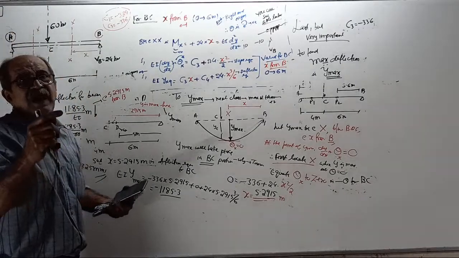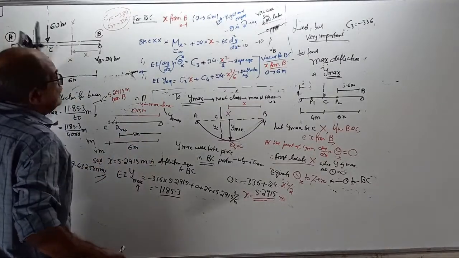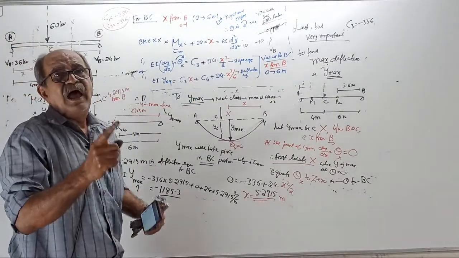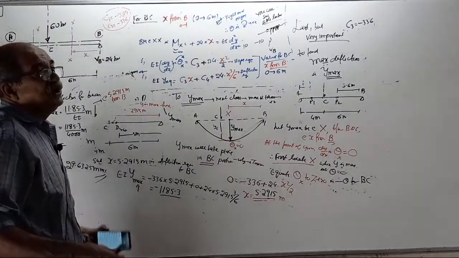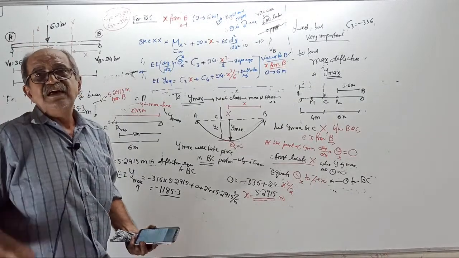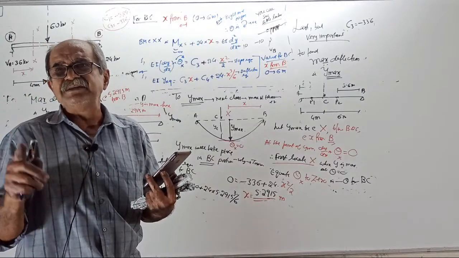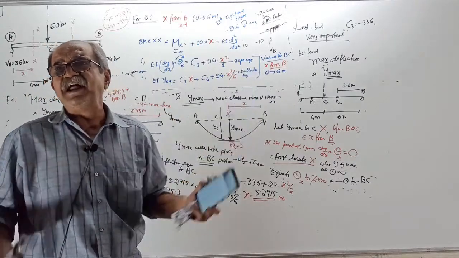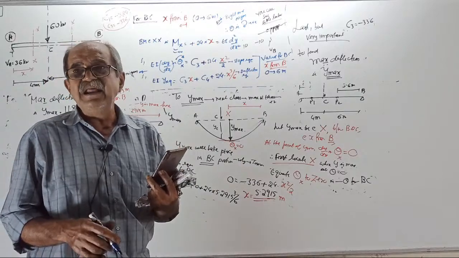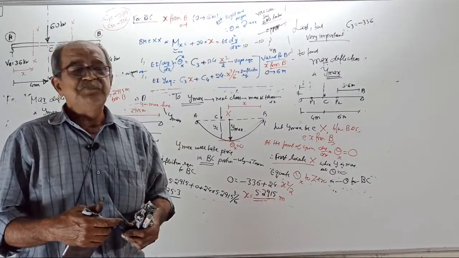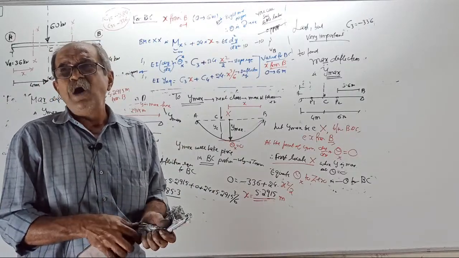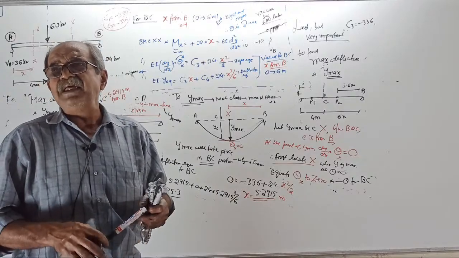When I get the x value, if this corner is not visible, I will turn the camera and focus on this value. I will ask you, yesterday decided, is it the same answer or not? If it is not the same answer, no more class will be conducted by me. Agreed? If the answer is not coming, tomorrow I am going to stop my complete education, what?